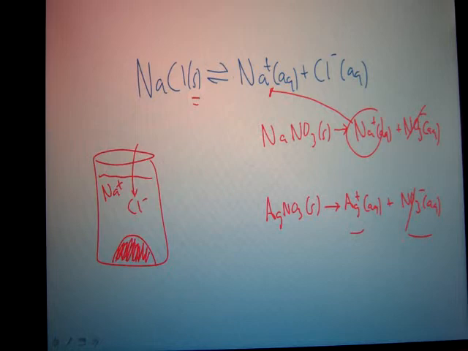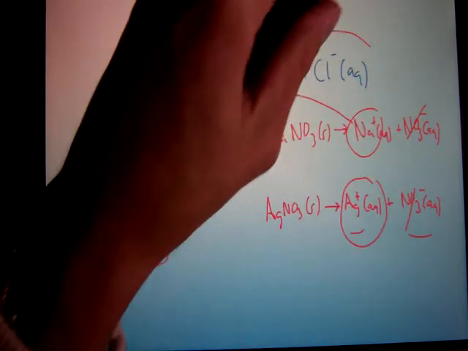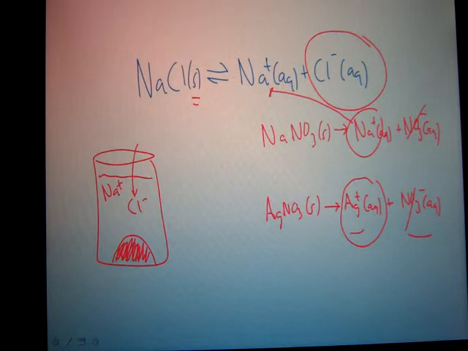So what I'm going to have to do is look at some reacting entities. Sometimes it can be adding an acid to a base or a base to an acid to change pH. In this case, we're adding one ionic compound to another, and we're going to look at the reaction of my silver and my chloride.